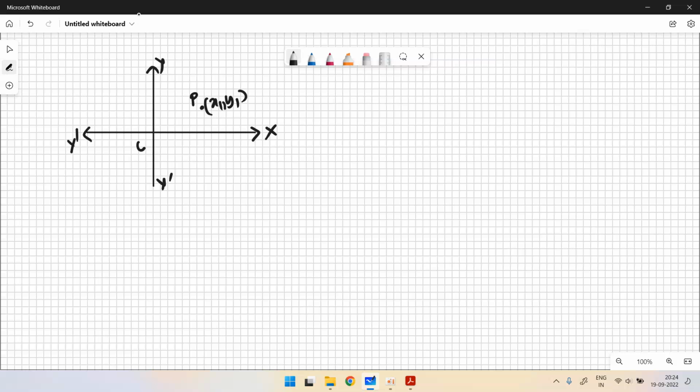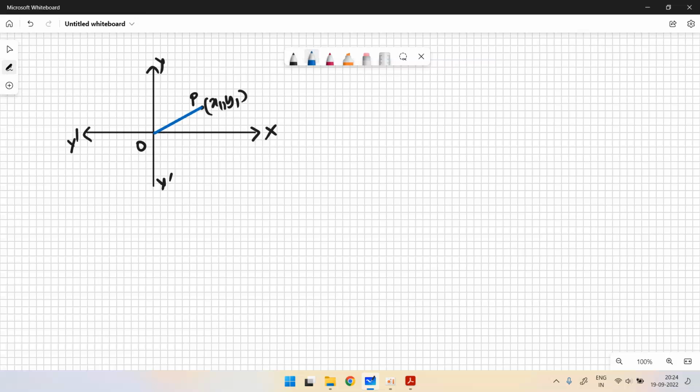I need to find the distance of this point from the origin. Easily you can apply the distance formula with the origin as 0, 0, and you will get the square root of x1 square plus y1 square. This is the distance from the origin: the square root of the sum of the squares of both its coordinates, the abscissa and ordinate. And always remember this is in units.